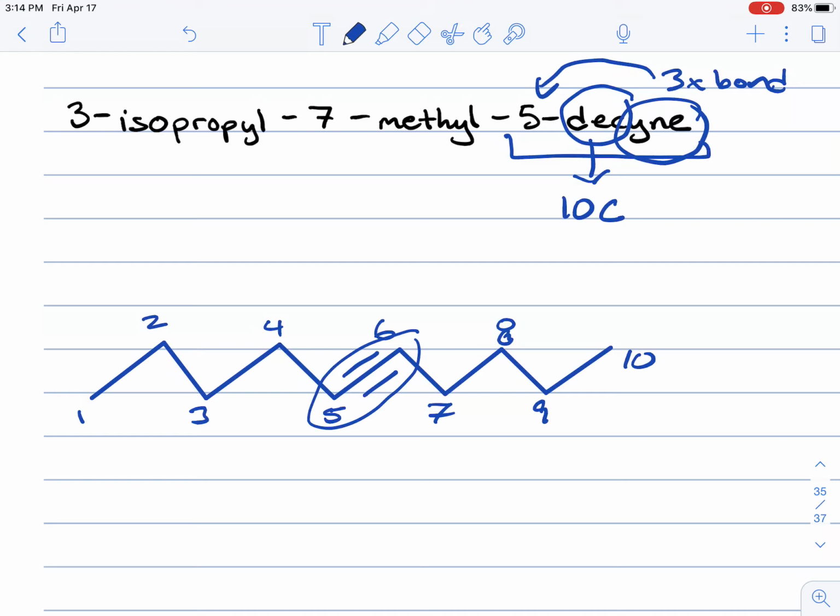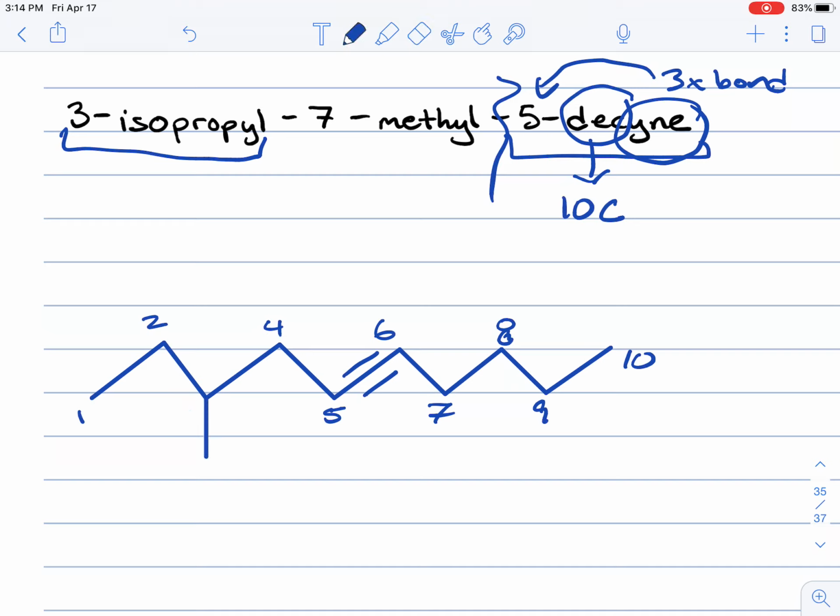Now, this is just a rough draft, so we're going to have to redraw this, because remember, this is a triple bond and needs 180 degrees. Okay. All right, so now that I've drawn my parent chain, I'm going to go ahead and figure out where my substituents are going to be attached to my parent chain. And so on the 3rd carbon, I have an isopropyl group. So this is carbon 3. Isopropyl.